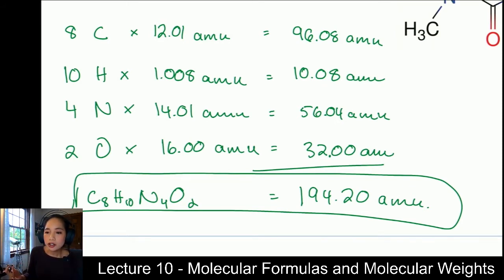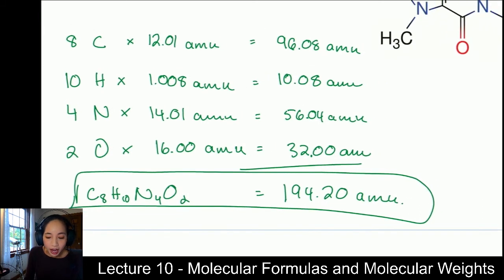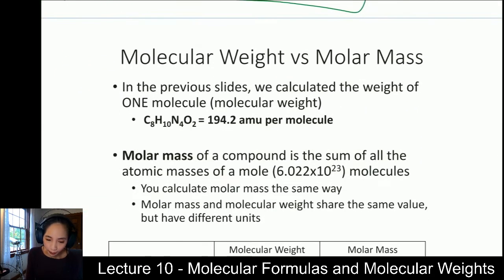I already mentioned in that first slide that in lab, we don't have any instruments that can measure an AMU. We can't measure tiny fractions of a gram. So we need to think of a different unit to measure quantities of matter in an amount that we can actually measure in lab. That brings us to molar mass.